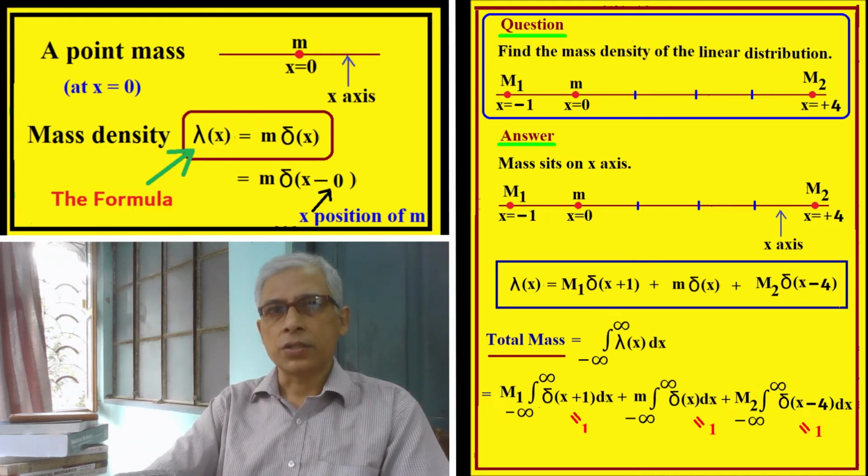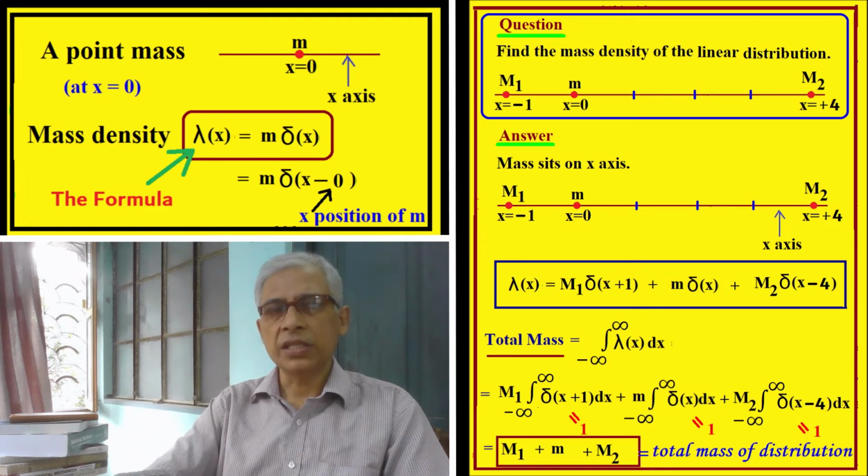In fact, you have to perform integration over the entire x-axis. So with this, we get the total mass of the linear mass distribution. We have thus also verified that the result of linear mass density lambda of x is correct.